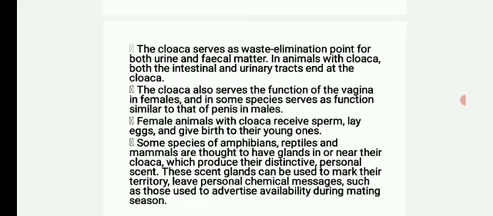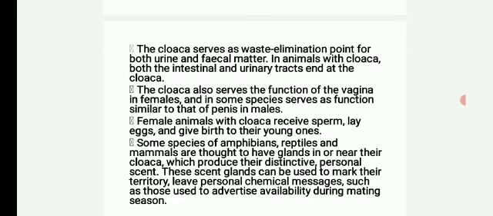Number 2, the cloaca also serves the function of the vagina in females and in some species serves as function similar to that of penis in males. Number 3, female animals with cloaca receive sperm, lay eggs and give birth to their young ones.